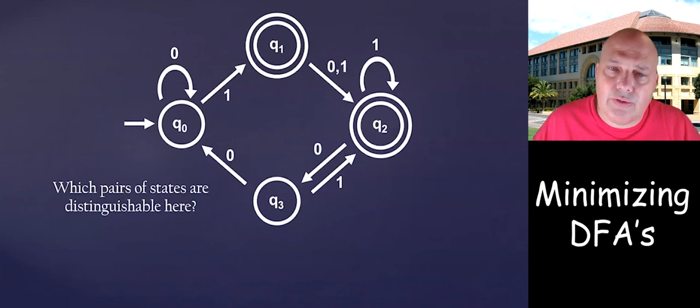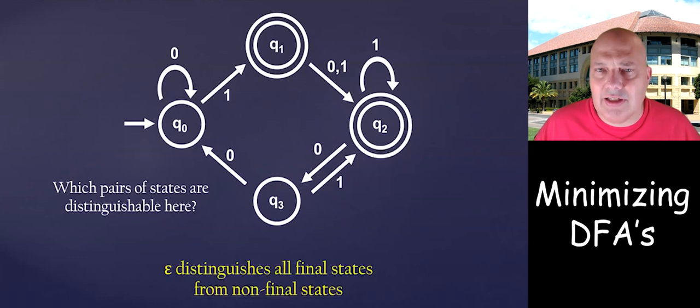So let's look at this as an example for what states are distinguishable. So which states are distinguishable here? Well, one thing is that every final state, any accept state, is distinguishable from non-accept state, right?